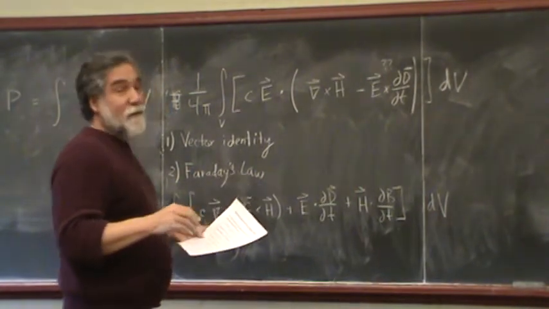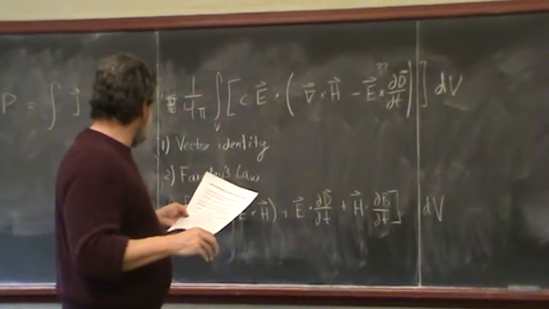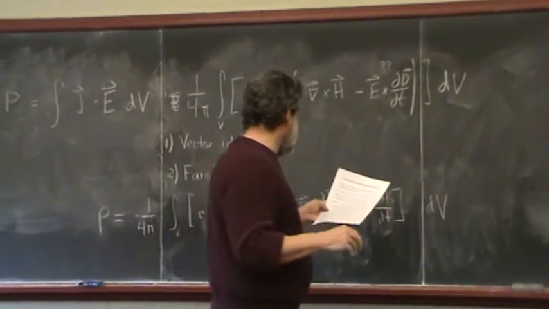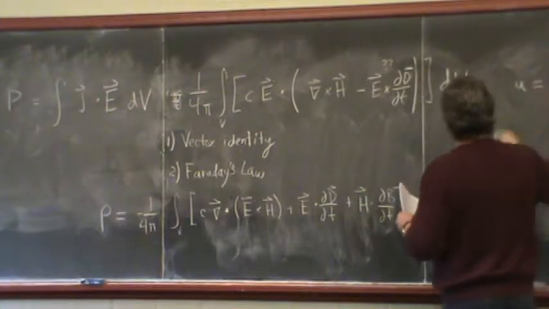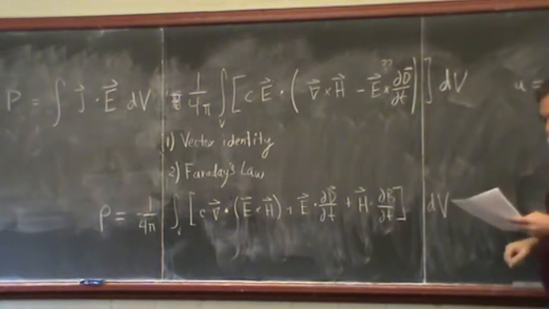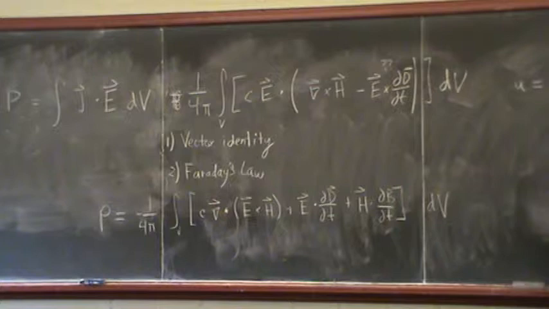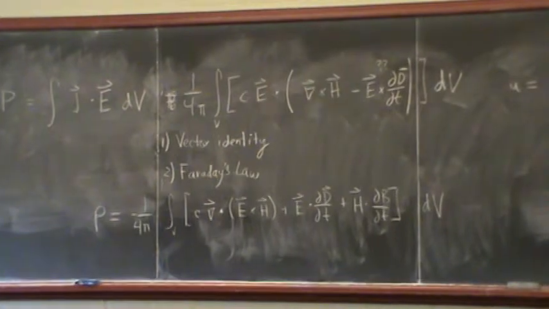I'm going to define a new quantity, little u. It's not a new definition; it's based upon what we've already done for energy density. We know we can store energy in electric fields.